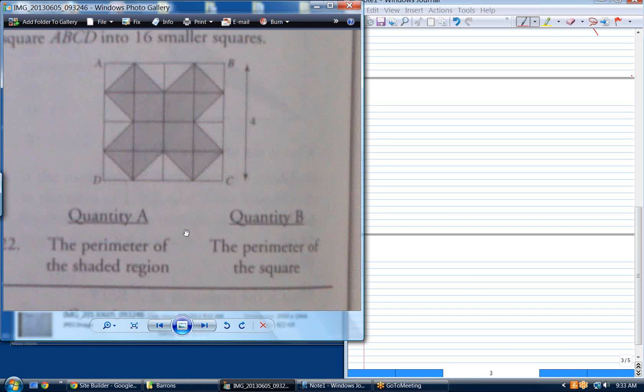Well, I'm thinking that the shaded region actually has 1, 2, 3, 4, 5, 6, 7 total squares.